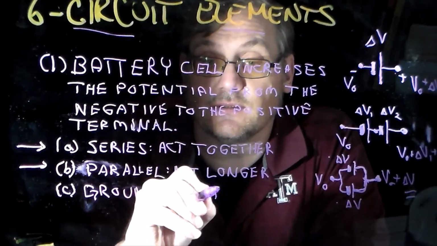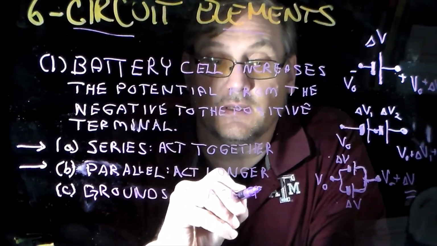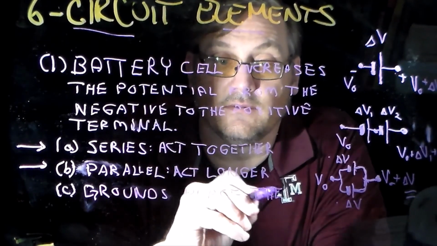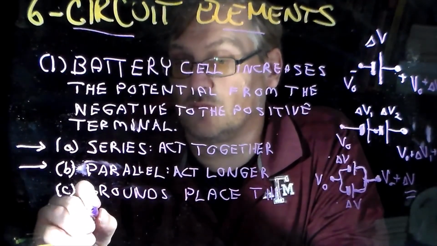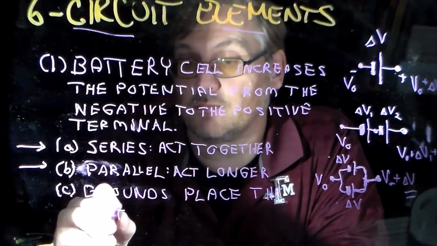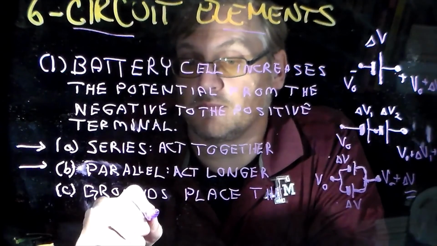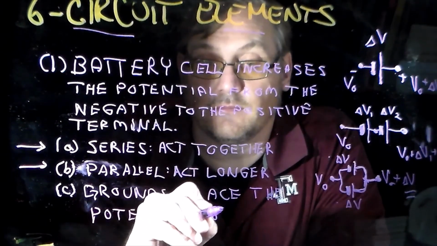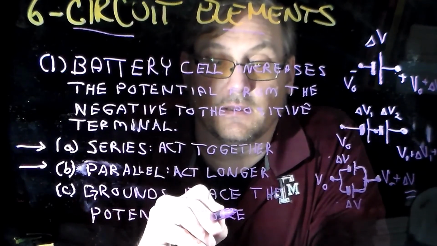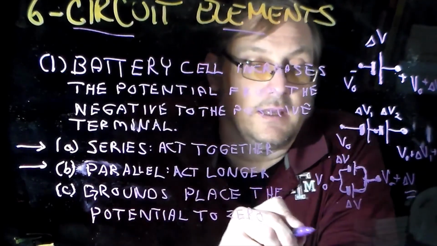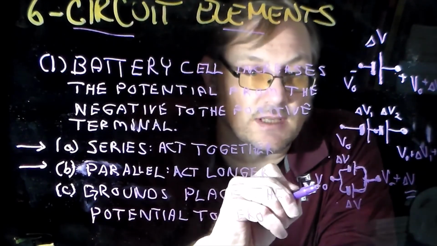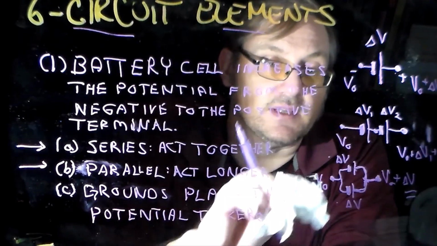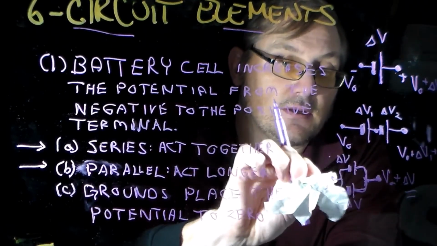Those place the voltage to 0, or the potential to 0. Basically what a ground would look like would be something like this.